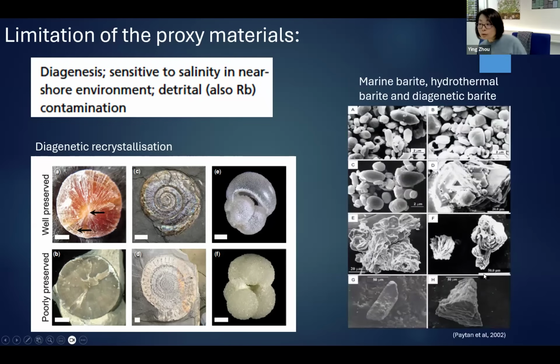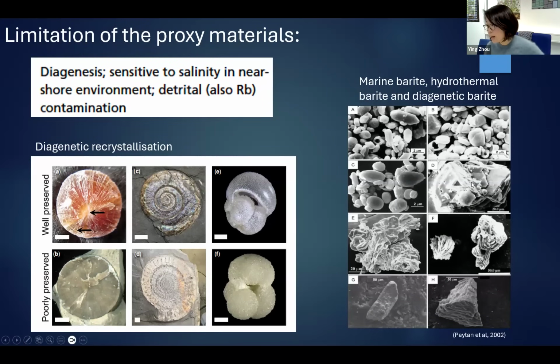And Payton has also shown this very beautifully with this diagram that the orthogenic precipitated marine barite, which is this tiny ABC, is a microcrystal from 1 to 5 micrometers in diameter.